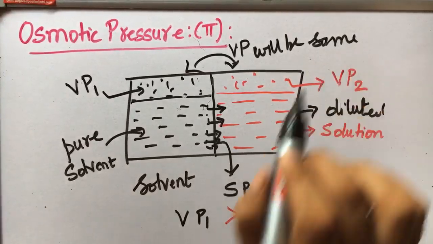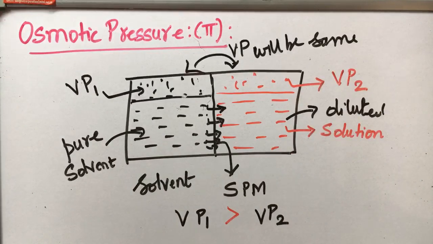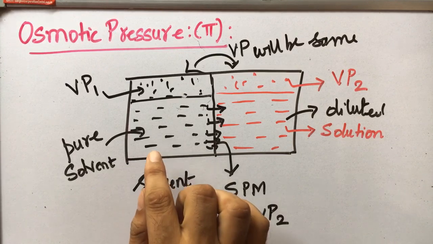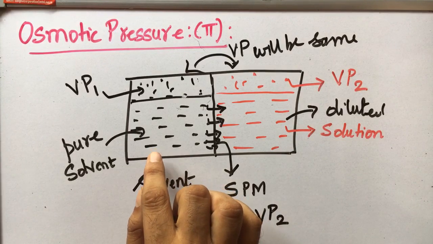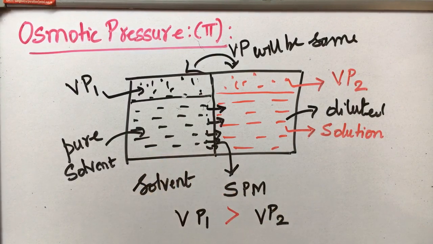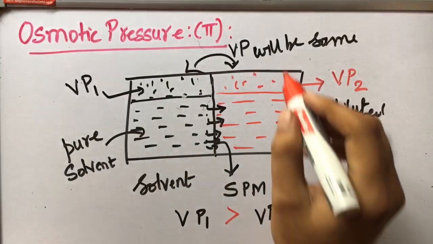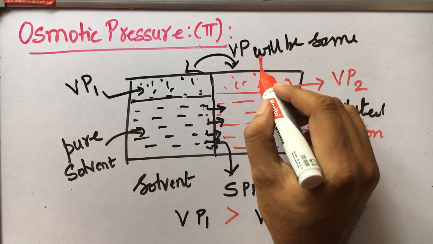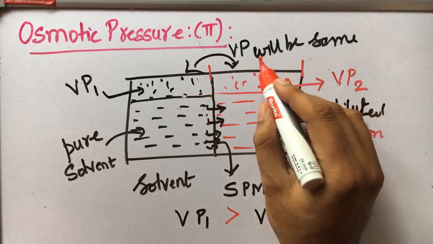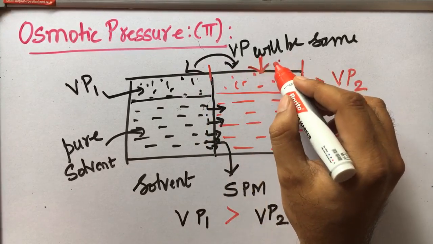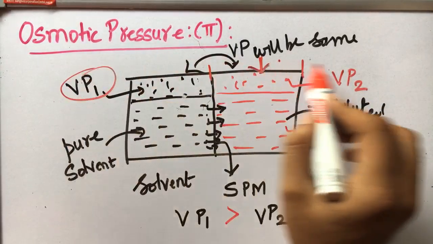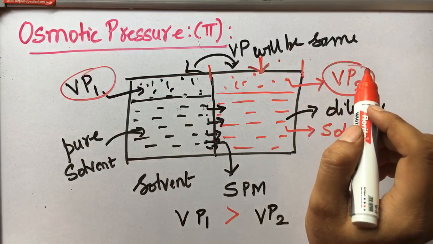So, I think now you got what is the reason for osmosis. Now, if I don't want to see the movement of solvent molecules from the pure solvent side to the solution side, then I need to apply an extra pressure here, so that this vapor pressure value and this vapor pressure value are the same.